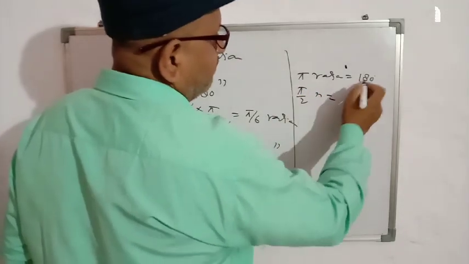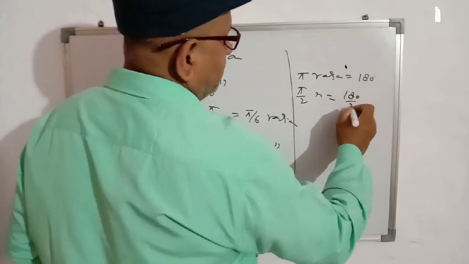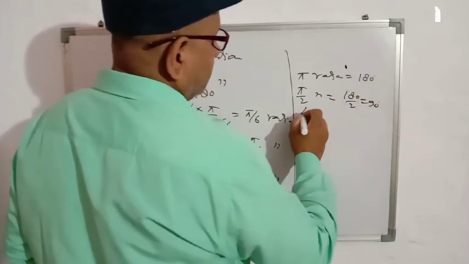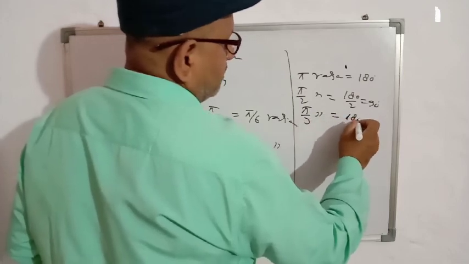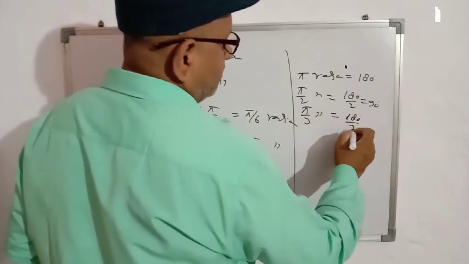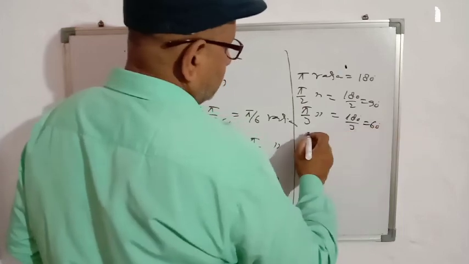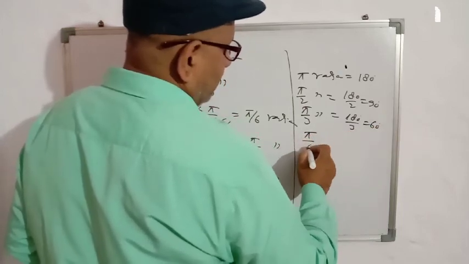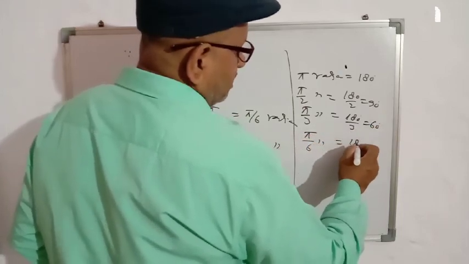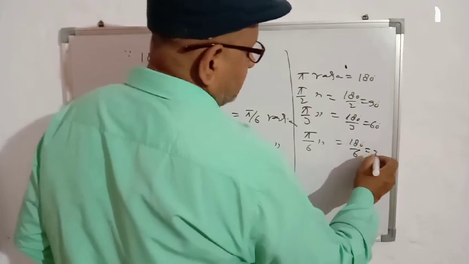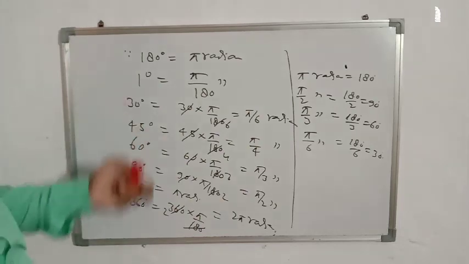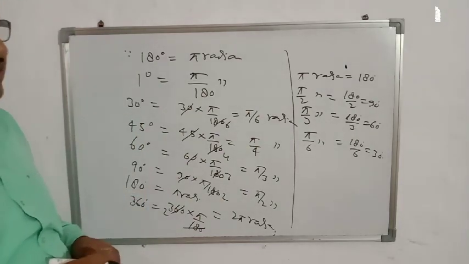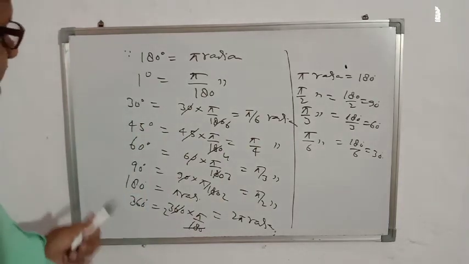In place of pi we will write 180. 180 by 2, 90 degree. Pi by 3 radian, so put 180 in place of pi. 180 by 3, 60 degree. Pi by 6 radian, 180 by 6, 30 degree. Like this, we can convert radian to degree and degree to radian.